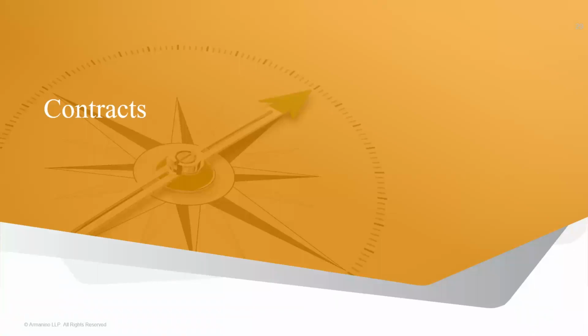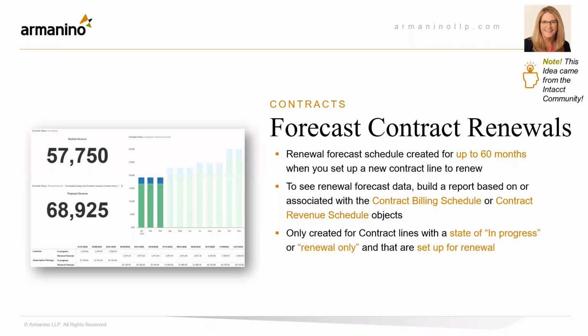And contracts. That's back to me. All right. This is a pretty exciting thing. Now you can forecast your contract renewals. This idea came from you. So remember, guys, that when you enter ideas in community and vote on them, Intacct definitely pays attention to that. So you will get a renewal forecast schedule created for up to 60 months when you set up a new contract line to renew.